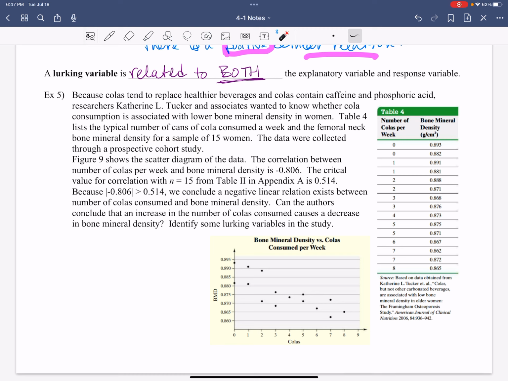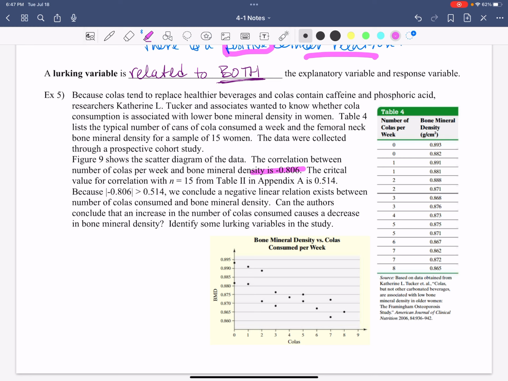Figure 9 shows the scatter diagram of the data. The correlation between the number of colas and the bone mineral density is negative 0.806. The critical value with n equals 15, because there's 15 pieces of data, is 0.514.